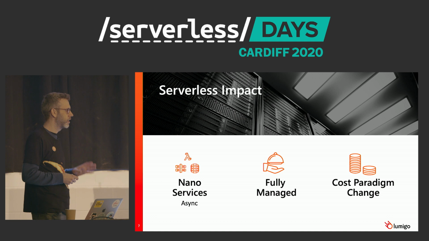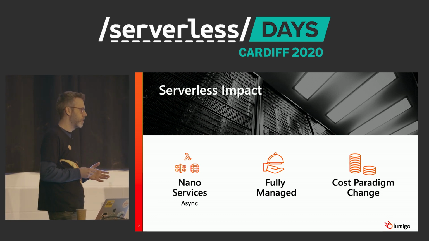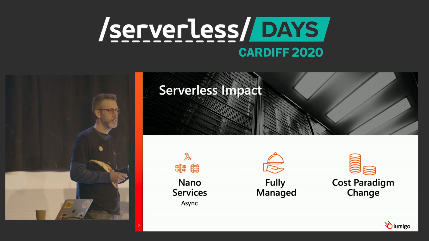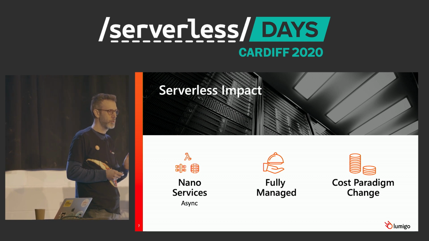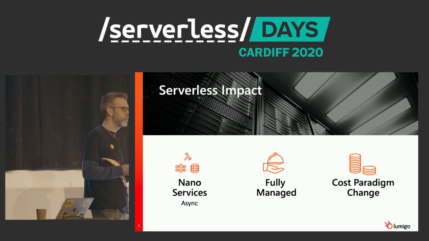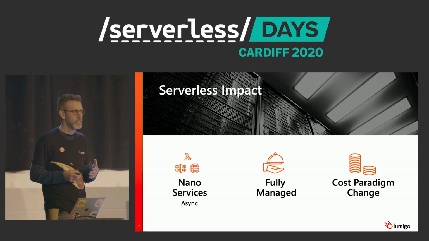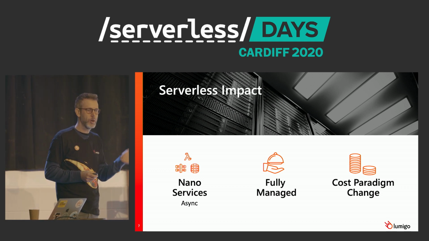The third thing is the cost paradigm shift. It's a whole subject on its own. I won't get into it. The reason I'm mentioning it is, again, it's a real driver for people to use asynchronous patterns in their serverless environments. You want your Lambdas to run as little as possible as a rule of thumb. It's not like a server where you already paid for it and now the code can run and run.